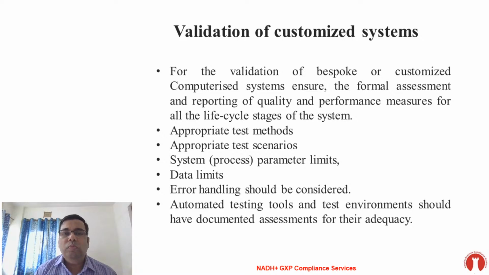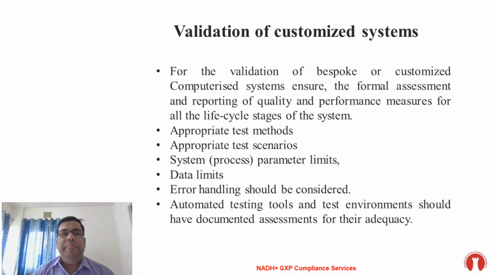Okay. So there is one question: what does commercial off the shelf mean as per GAMP 5? I will give a short introduction about GAMP 5. GAMP 5 normally categorizes software as category 1, 3, 4, 5. Earlier there was a category 2 in GAMP 4, but it is completely removed in GAMP 5.